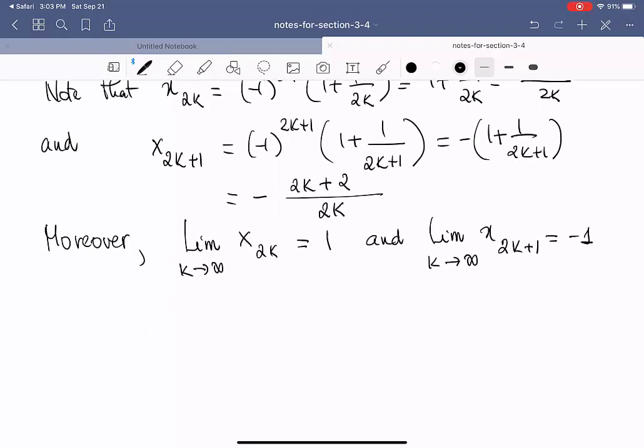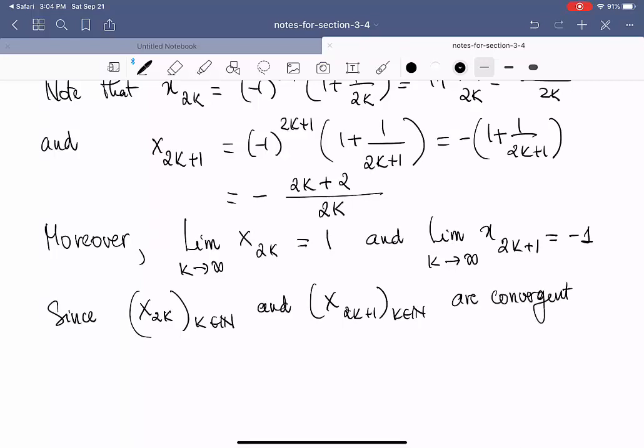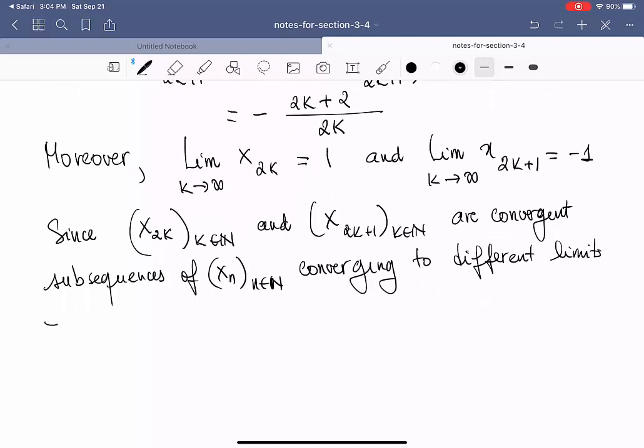So since x2k and x2k plus 1 are convergent subsequences of xn converging to different limits, then xn, the parent sequence xn, must be divergent.